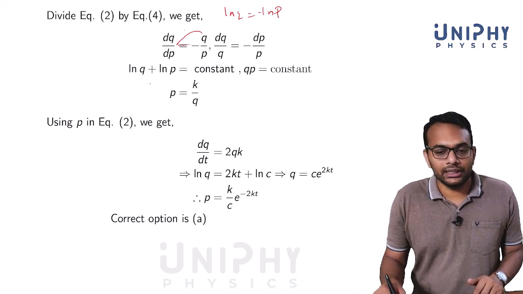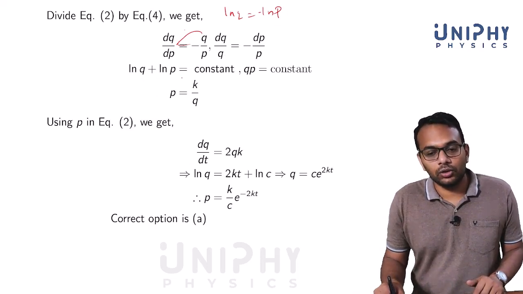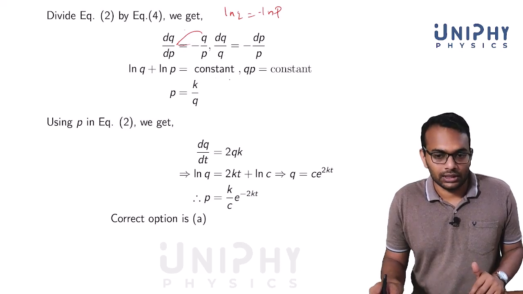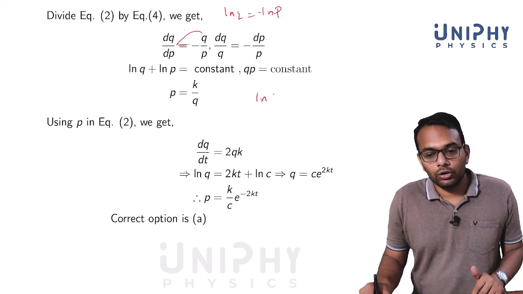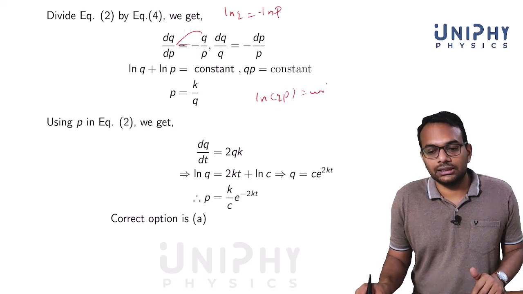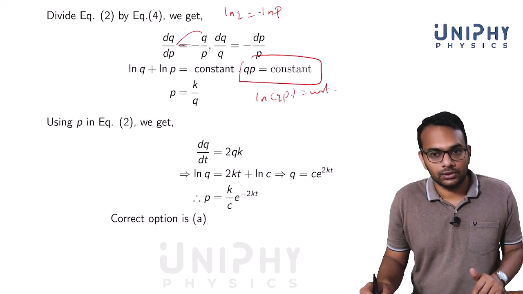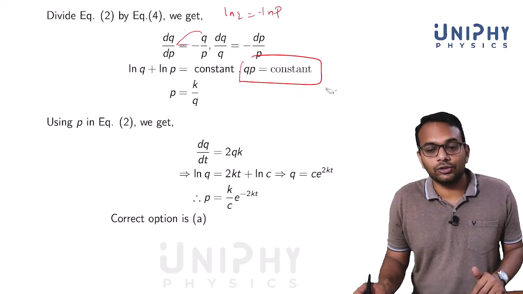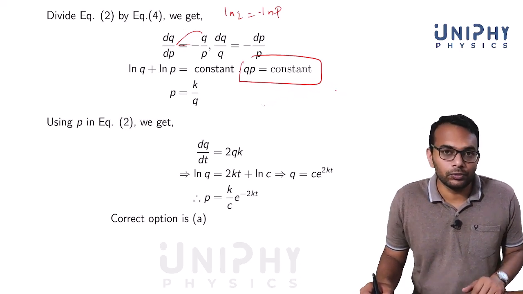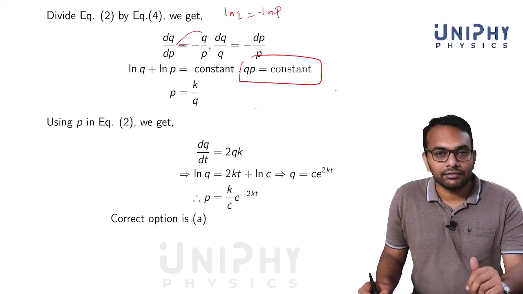Together you can write log q plus log p is a constant. This means that log of qp is a constant, and this means that qp is a constant. By integrating this, you find p as a function of q. That's the trick that we are using here.